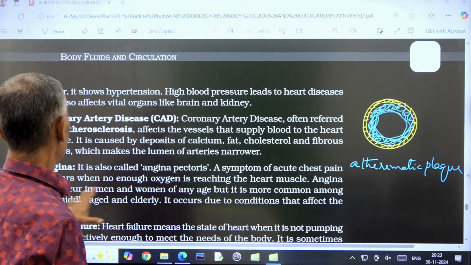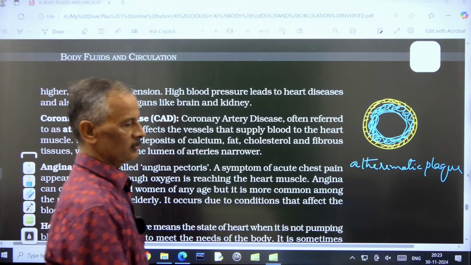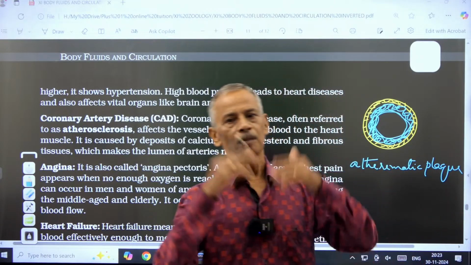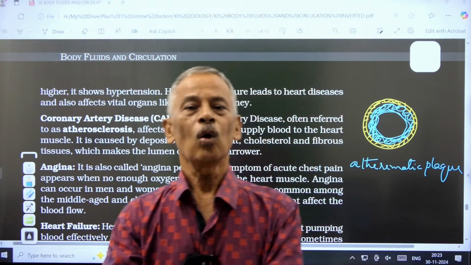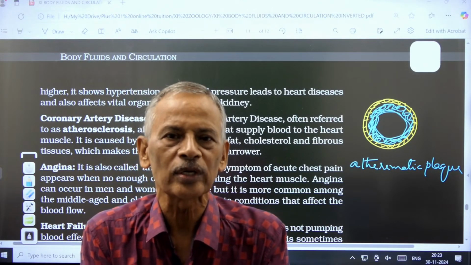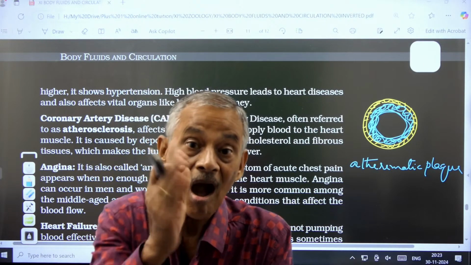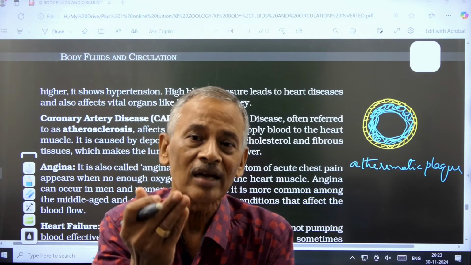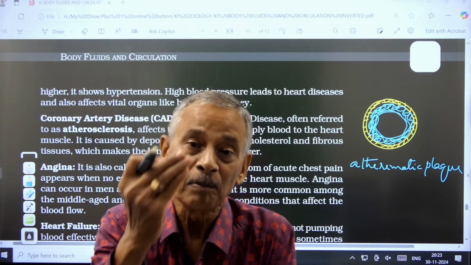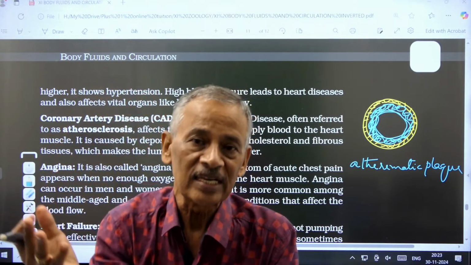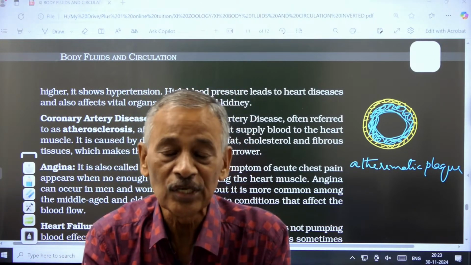Then heart failure. What is the meaning of heart failure? What is the function of the heart? Pumping of oxygenated blood. That is the function of the heart. Heart is a pumping organ. When the heart fails in its duty, when the heart is not pumping enough oxygenated blood, we say that the heart has failed in its duty.